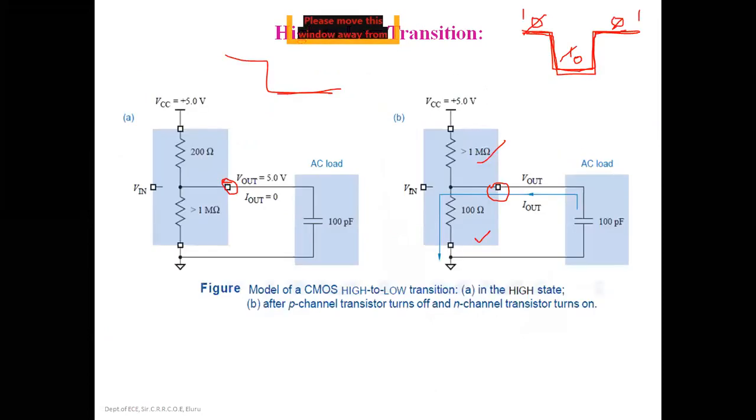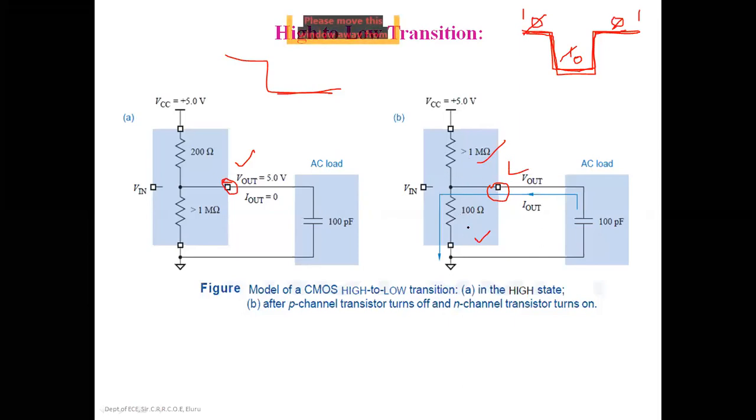Go back to the slide. Initially it is at the high state, but we are trying to calculate the fall time. What is the fall time? The time required for the output to change from the high to the low state. When the output is at the logic low, what about the MOS transistors?